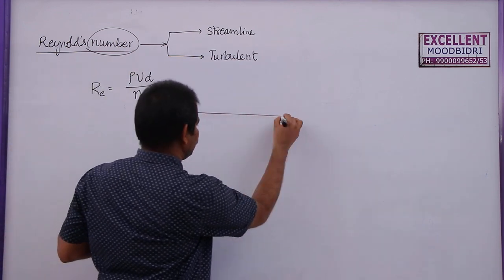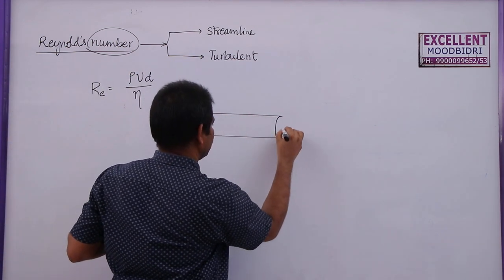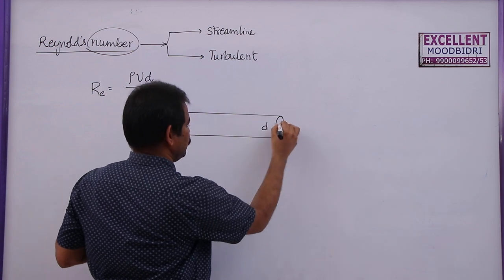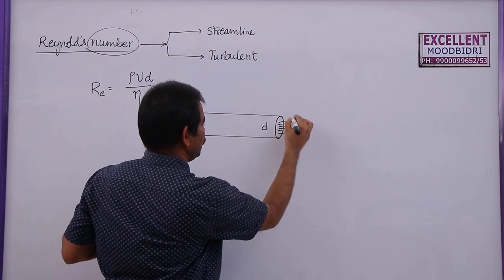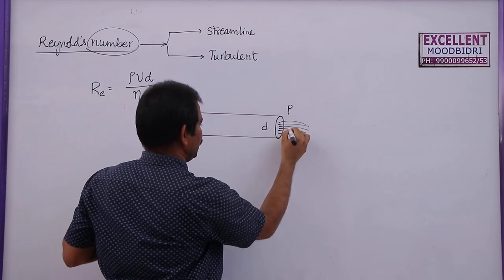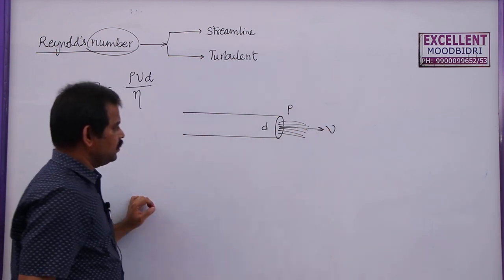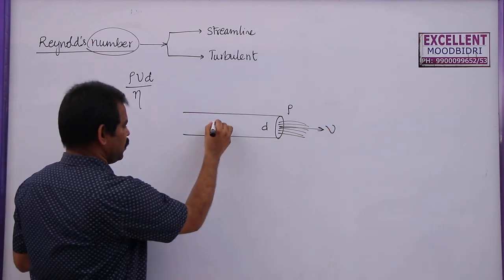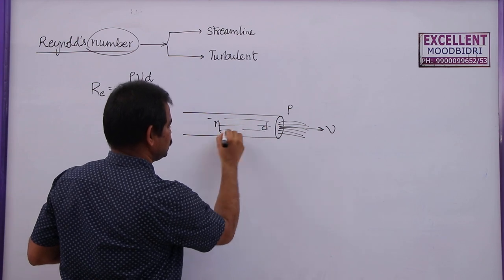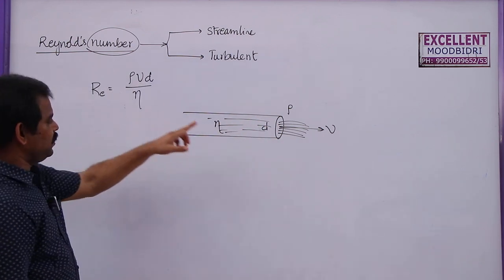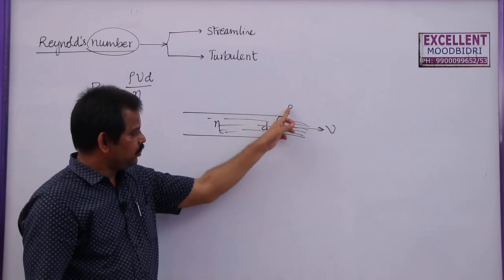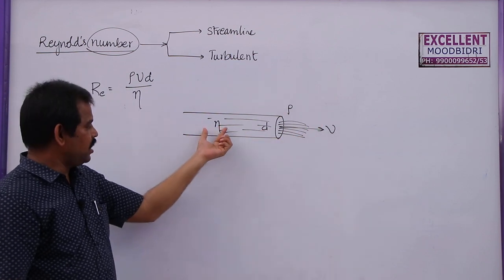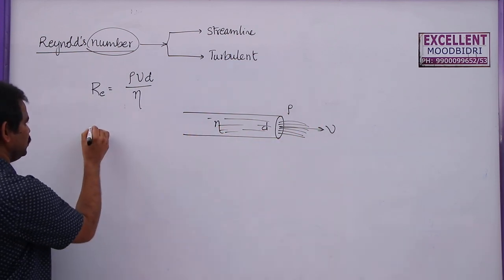Let us say through a pipe of diameter d, a fluid is coming here and its density is rho and its velocity is v. Now if you know the coefficient of viscosity of this fluid flowing through this pipe, then if you multiply rho V d and divide by the coefficient of viscosity, you will get a number.